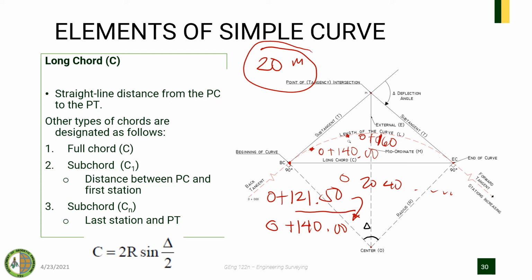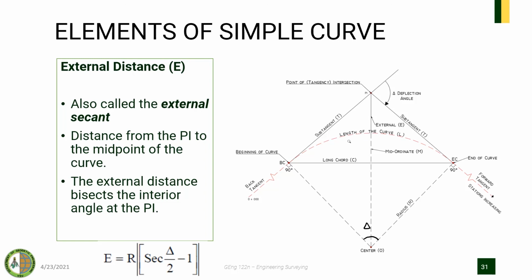Then we have the external distance, from this point to this point, which is called the external secant, and this is the formula for computing the external distance.